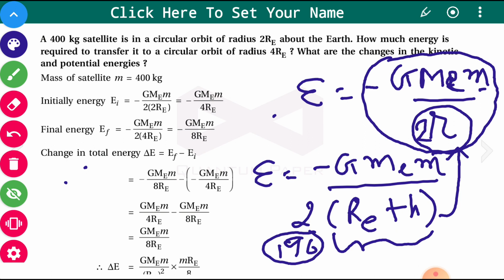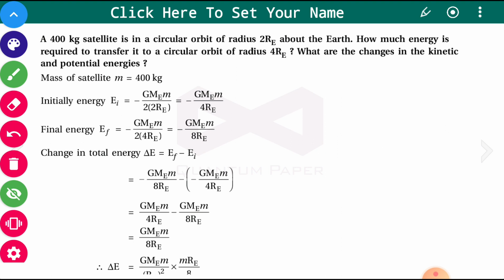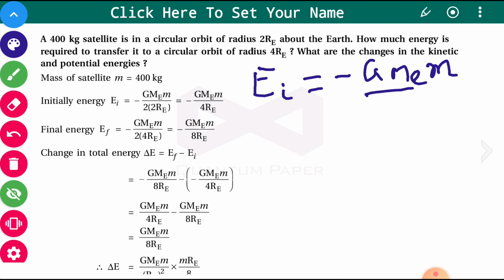So in general the initial energy of the satellite, we can say Ei, is minus G Me m upon 2 times the distance.